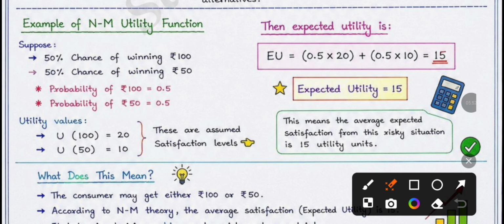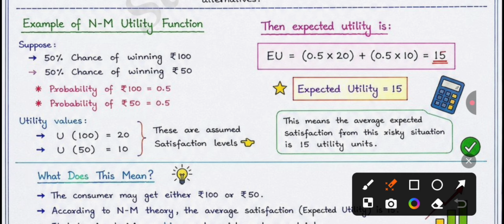Suppose 50% chance of winning 100 and 50% chance of winning 50. Here, we assume the probability of 100 equals 0.5 and the probability of 50 equals 0.5.